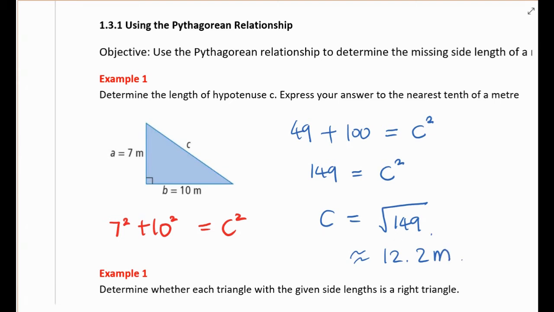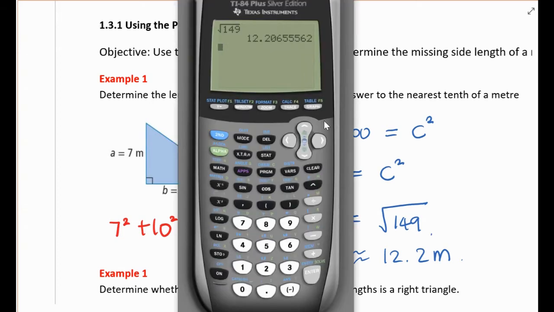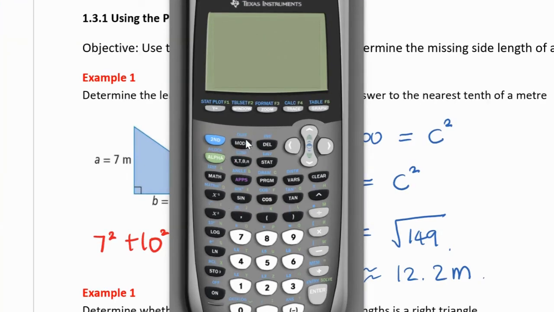Everyone, when you use your calculator, the square root sign is over here for my calculator. To use it, you hit the second button and this button, and then the number. Depending on your calculator, you will have different buttons. Mine needs the second button, or sometimes you have a shift button instead of second.